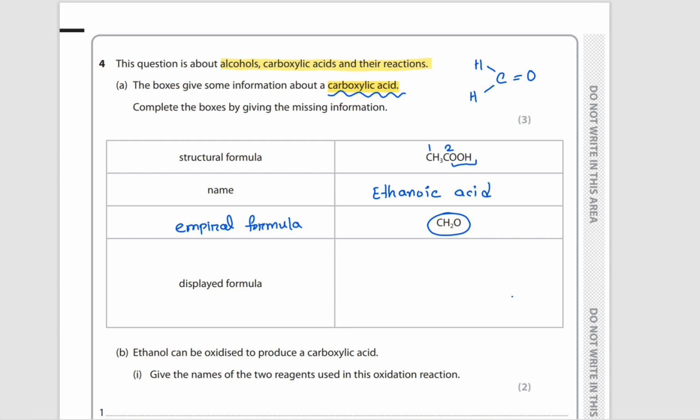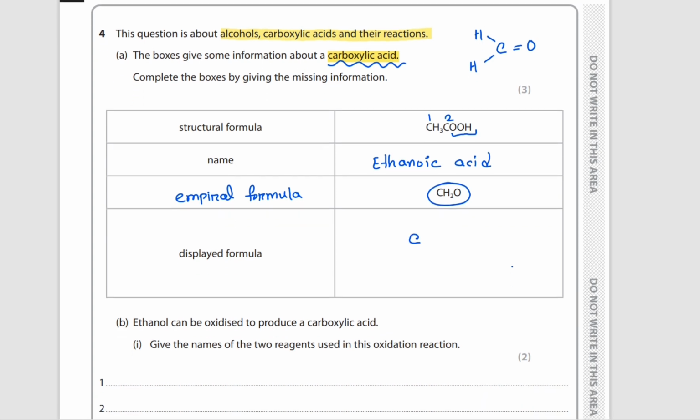And the displayed formula of this would be C combined with 3 hydrogens, then COH and a double bonded oxygen. Sorry, I made a mistake. This is how the displayed formula for ethanoic acid looks.